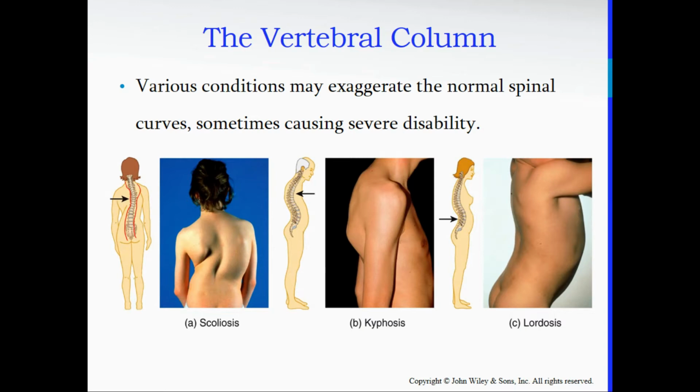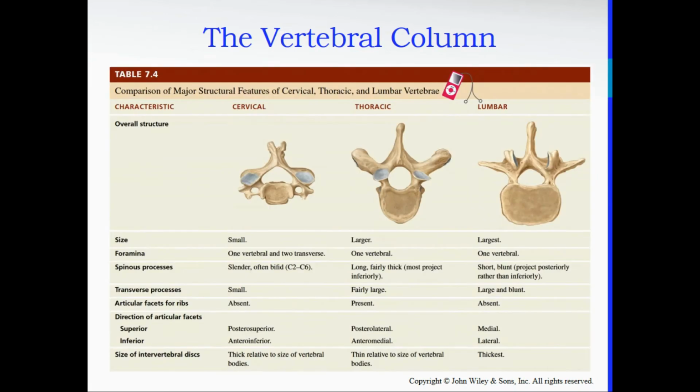Kyphosis is when the thoracic vertebrae poke out too far or back too far. And then lordosis is when the lumbar curve in too far, curve that way too far. So again, those are the 3 unnatural curvatures: scoliosis, kyphosis, and lordosis.